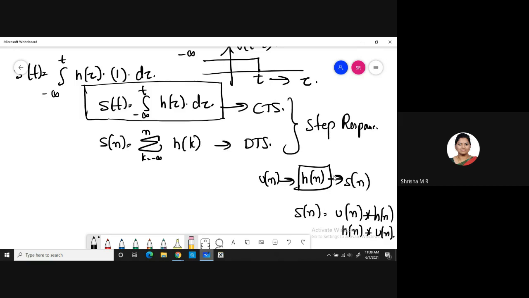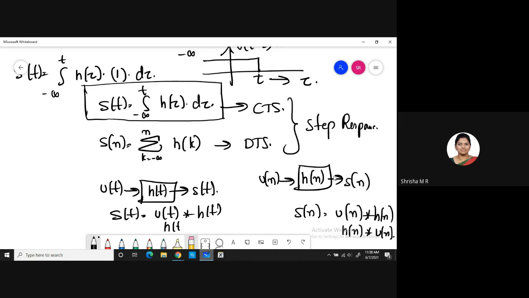This is with respect to discrete time signals. With respect to continuous time signals, if your input x of t is equal to unit step for a system with impulse response h of t, then your output will be s of t, where s of t is u of t convolved with h of t, or h of t convolved with u of t. Clear, everyone?